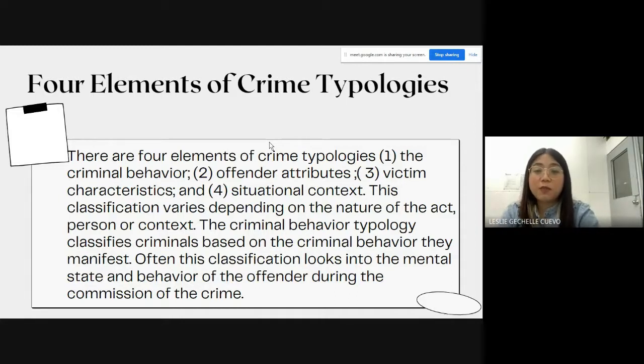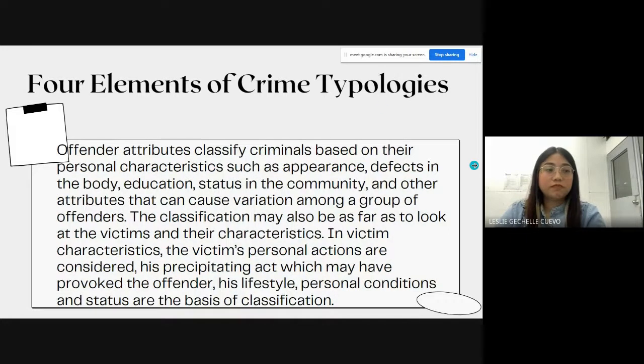So this classification varies depending on the nature of the act, person, or context. The criminal behavior typology classifies criminals based on the criminal behavior they manifest. Often, this classification looks into the mental state and behavior of the offender during the commission of the crime. Offender attributes classify criminals based on their personal characteristics such as appearance, defects in the body, education, status in the community, and other attributes that can cause variation among a group of offenders.